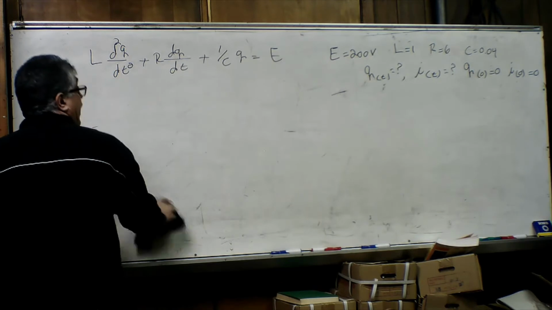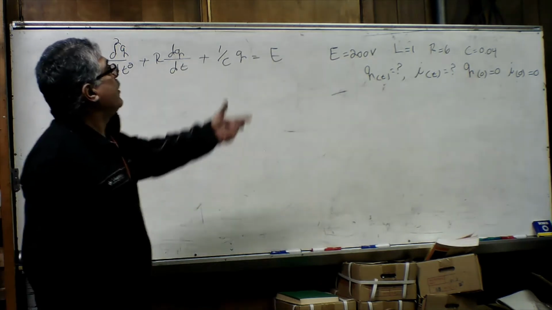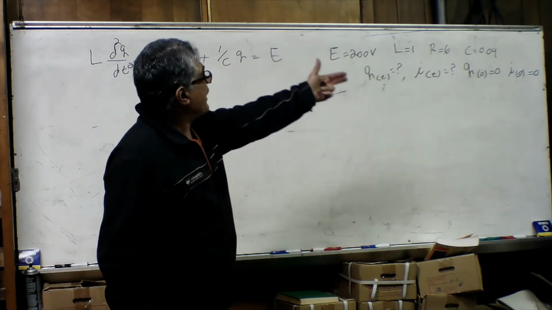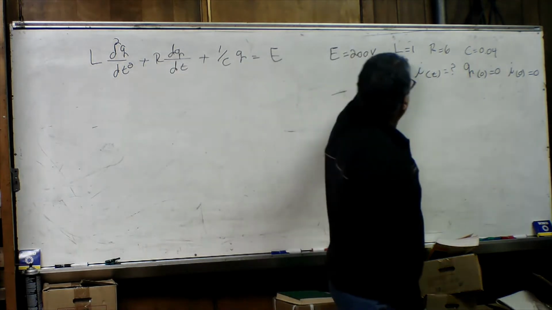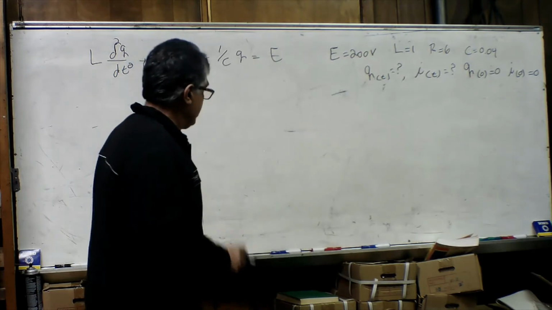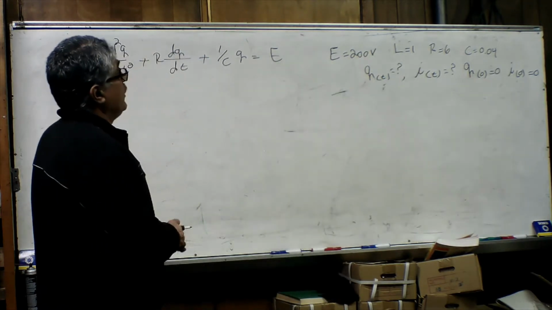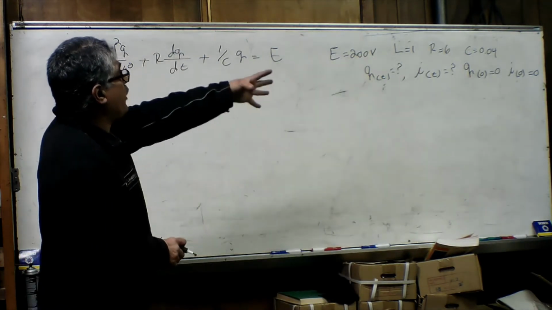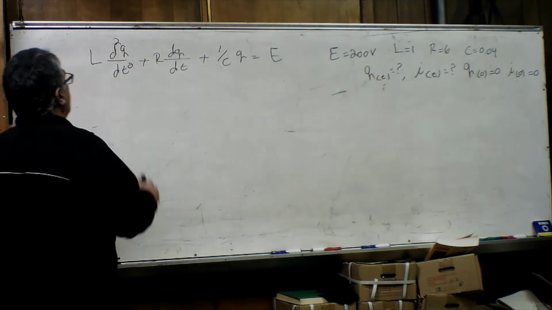So again, we have a circuit with the inductance, resistance, and capacitor, and these are the values for inductance, resistance, and capacitors. Let's go ahead and plug that information into this equation.